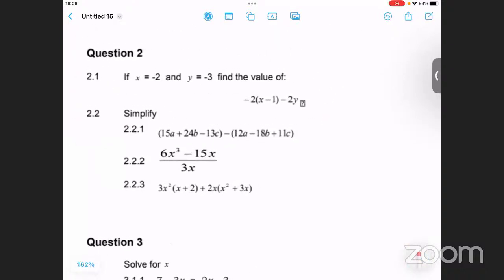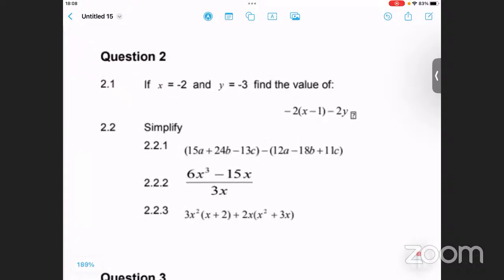Yes, ma'am. Okay, I want us to jump question two, or you guys complete question two, because we did this a whole lot of times, and I think each and every one of you is confident in answering this type of question.